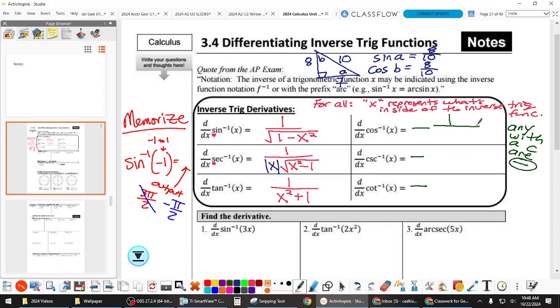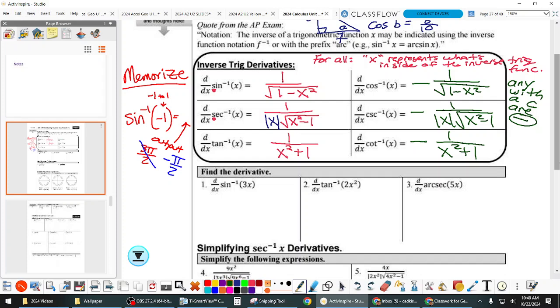We don't have to re-memorize something else. So even though there are 6 new things to memorize, at least there are some patterns that can help us out with that.